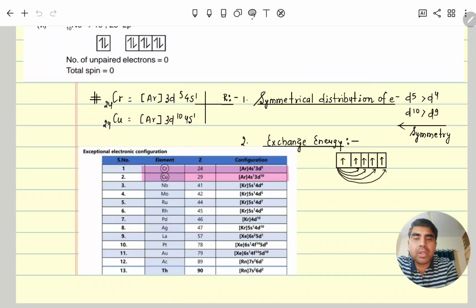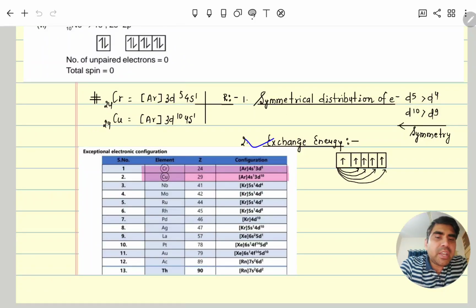It's very famous that it will be 3d5 4s1 rather than 3d4 4s2, and this will be 3d10 4s1 rather than 3d9 4s2. Why? The reason is that due to symmetrical distribution of electrons, stability increases. So d5 is more stable than d4, and d10 is more stable than d9.